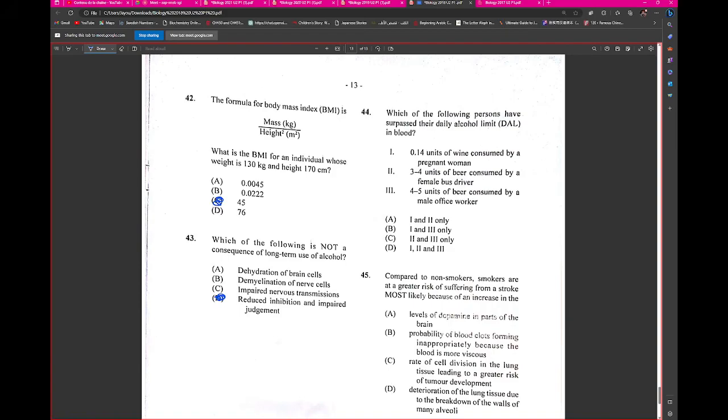Okay, Sir, in the chat says D. All right. Bus driver. Units consumed by meal office worker. Oh yeah, that's a bit off. 0.14 units of wine consumed by a pregnant woman.